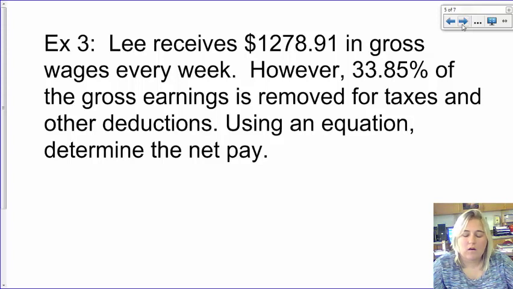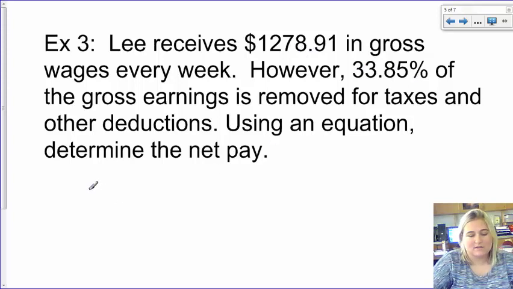So I know that he's going to lose the 33.85% out of his check for taxes and other deductions, and it wants us to write an equation to determine the net pay. So I know that the gross pay is this amount, and this 33.85% is going to come out.